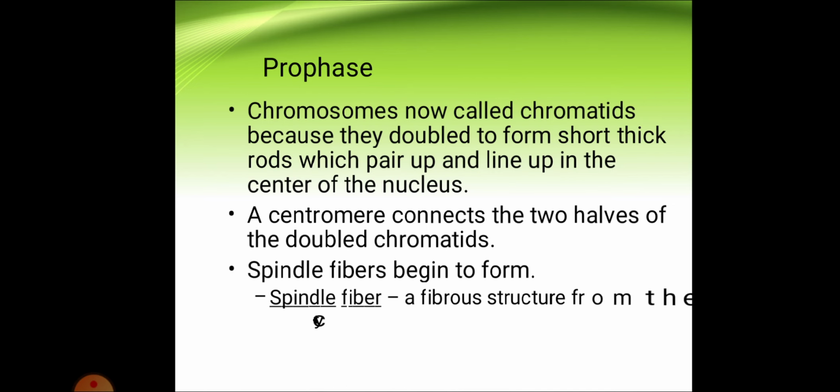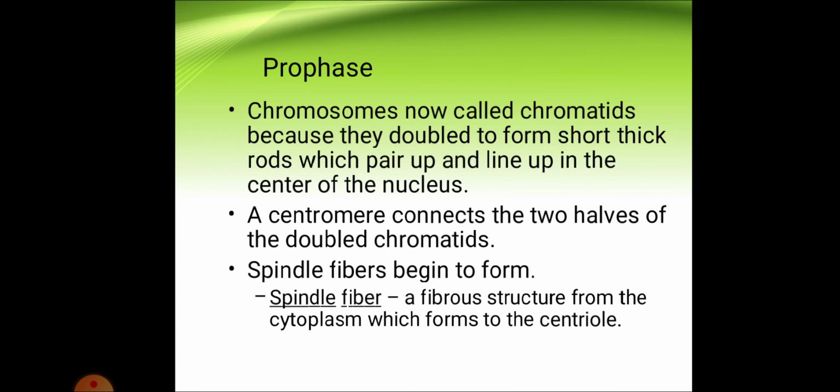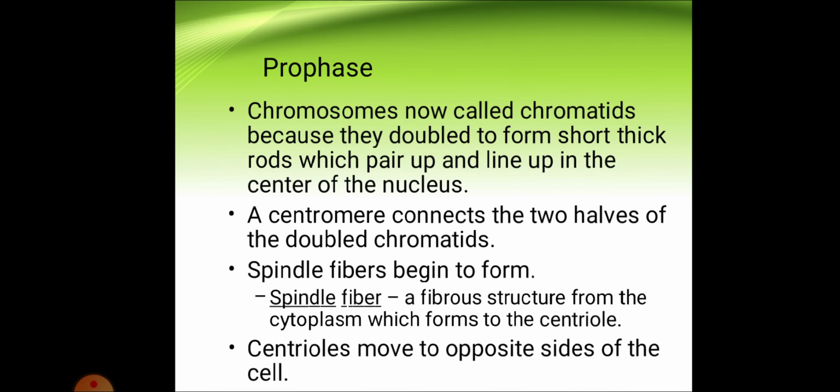The spindle fiber begins to form, a fibrous structure from the cytoplasm which forms the centriole. Centrioles move to opposite sides of the cell. Yan po ang nangyayari sa part ng prophase.